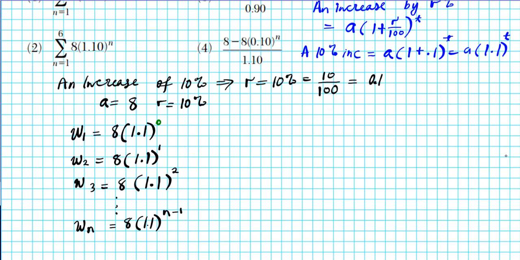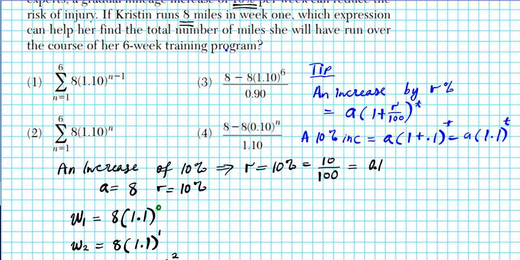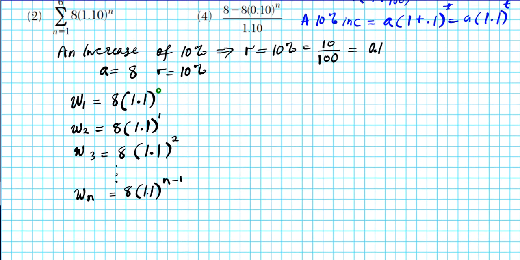Okay, so we're looking for the total number of miles she runs over the 6-week period. Now what I'm going to do is write it down in its expanded form, and then we are going to condense it using sigma notation as provided for us in the options. So week 1 is 8 times 1.1 to the 0th power.